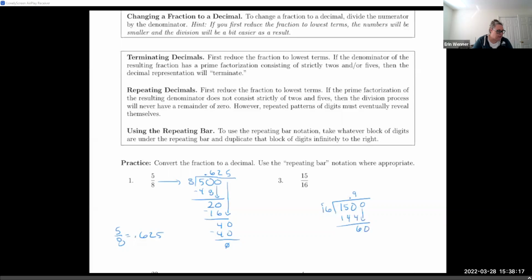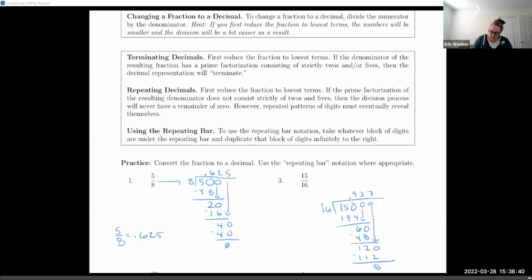Again, we need to bring a 0 down. 16 goes into 60 3 times. 3 times 16 is 48. We'll subtract, and now we get 12. So bring another 0 down. 16 goes into 120 7 times, and 7 times 16 is 112.